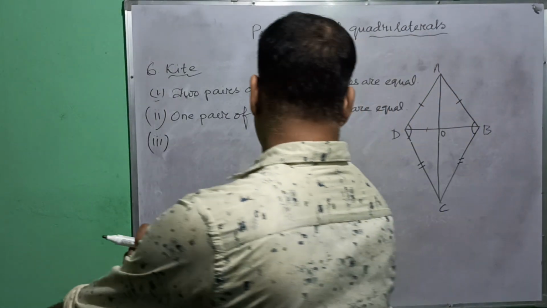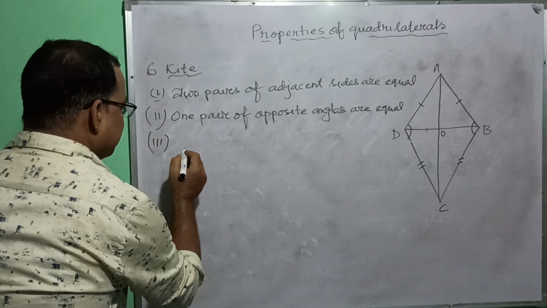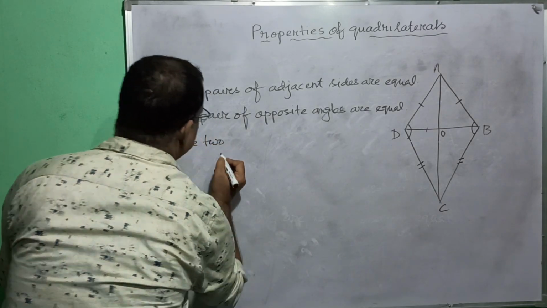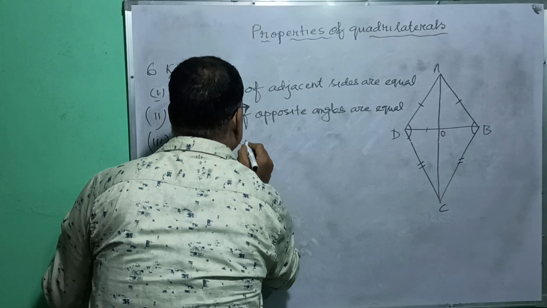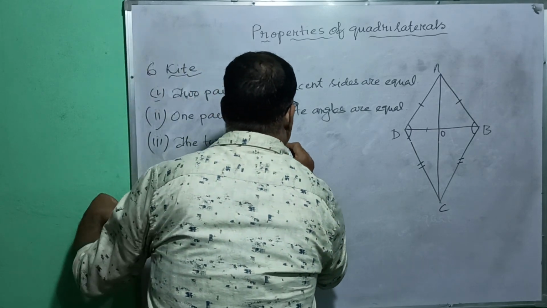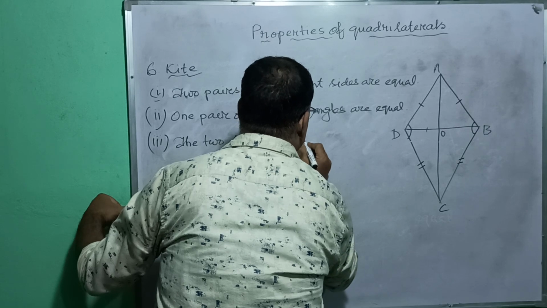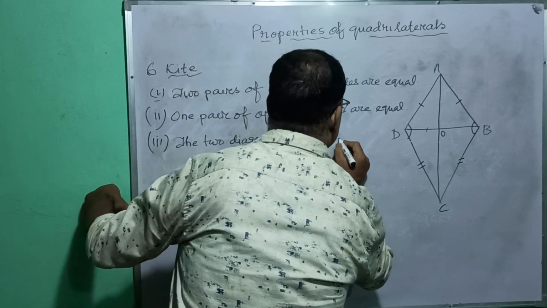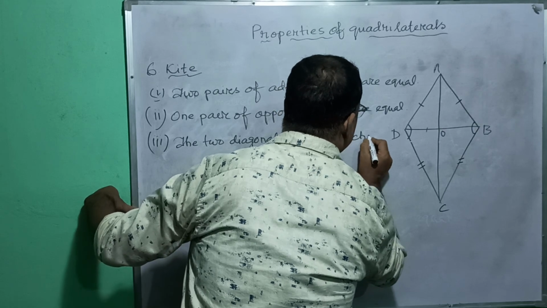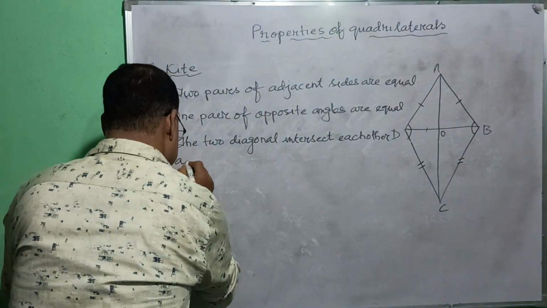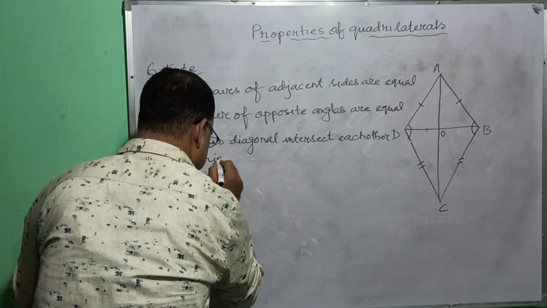So we can write: two diagonals intersect each other at right angles.